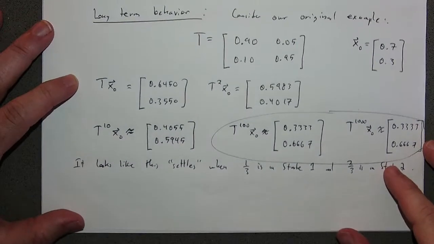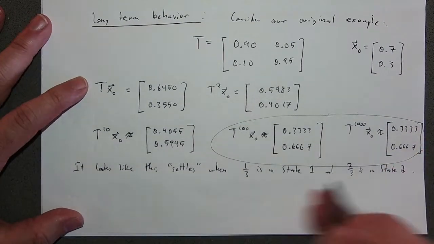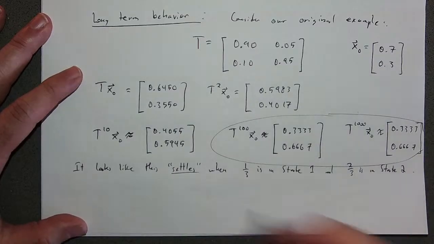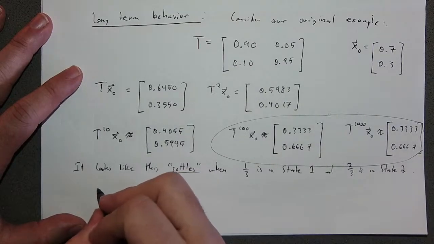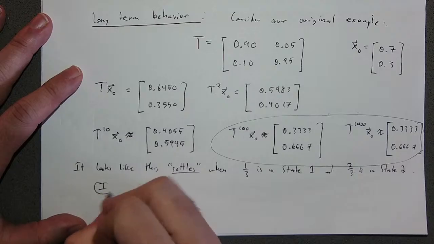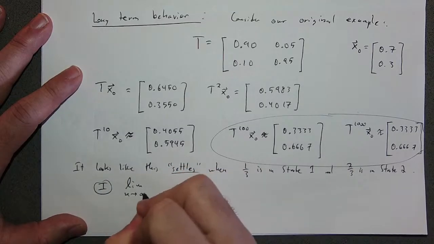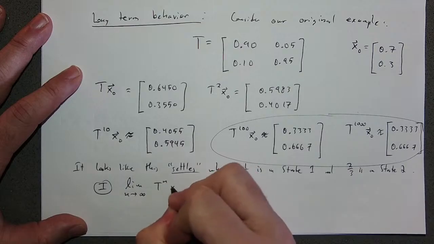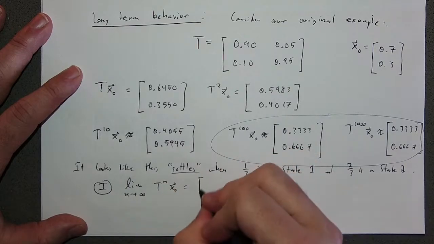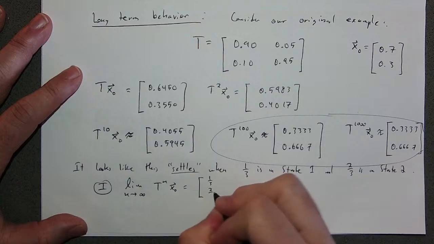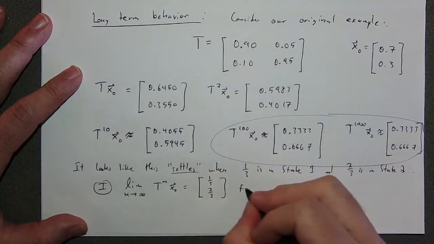Now, if we're being really precise about what this means, when I say the word settle, we're saying that a limit exists here. So we're saying two things. One, that the limit as n goes to infinity of T to the n times x naught is equal to the vector 1/3, 2/3 for this x naught.